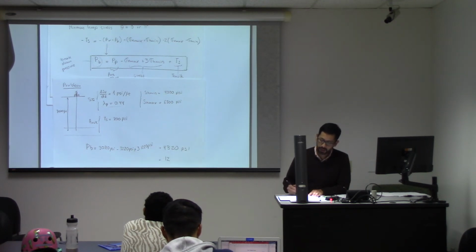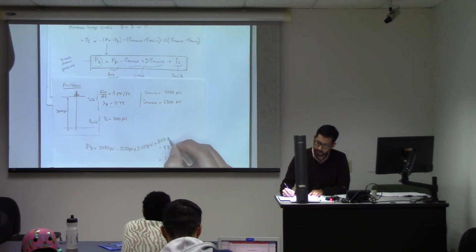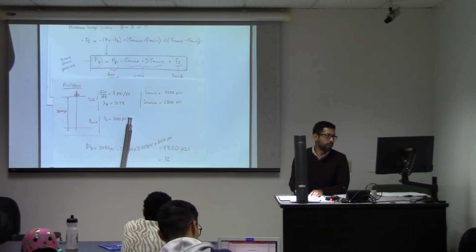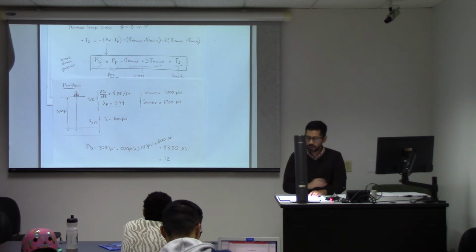Plus the tensile strength, which is 800 psi, right? So you should have got the exact same number, Michael. Yeah, I used 0.4 for the pore pressure. Oh, okay. But there was 0.44. But it's okay. You did the right procedure, okay?